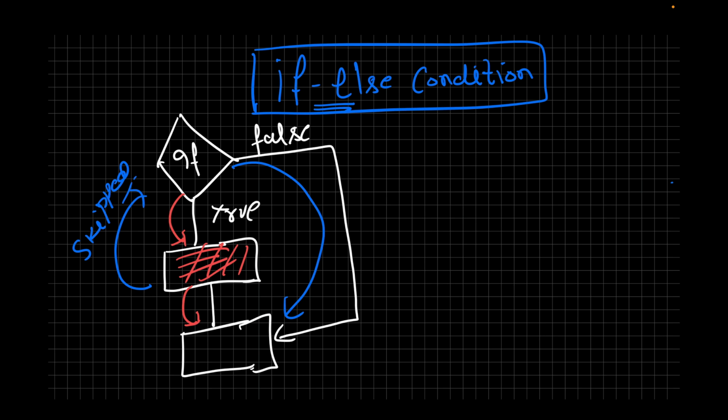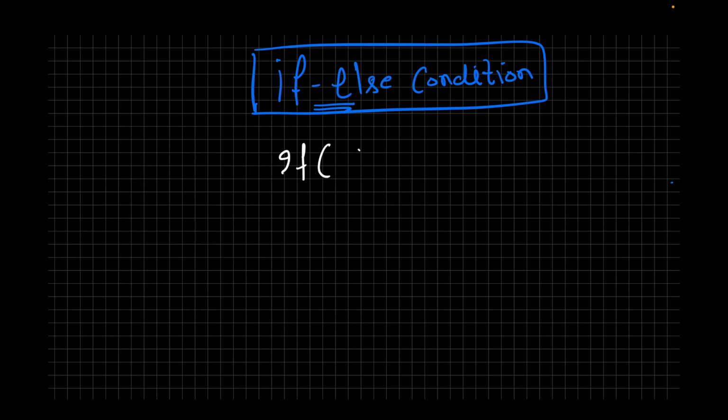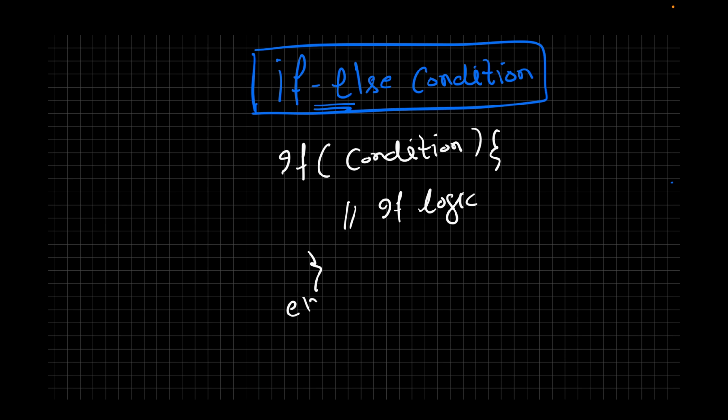All right, so now I will have a condition here, and this will be my if logic. Then I will have an else condition, and this will have my else logic, right? Now remember one thing.